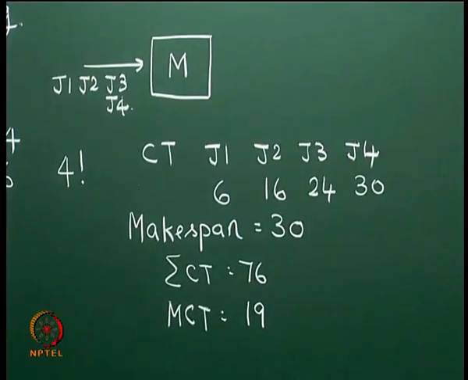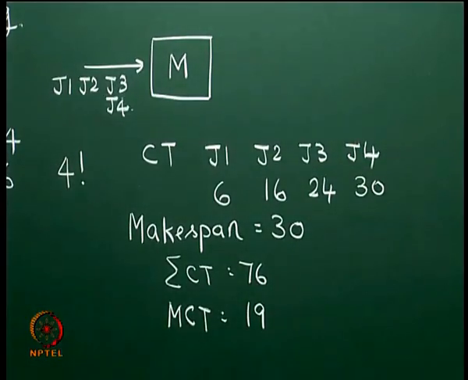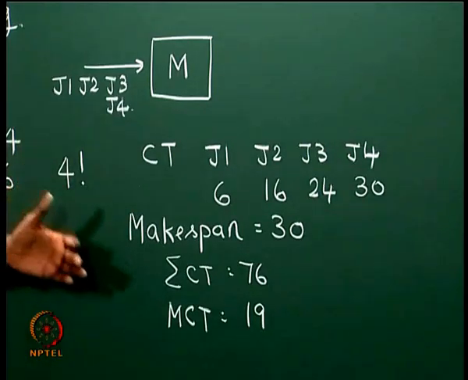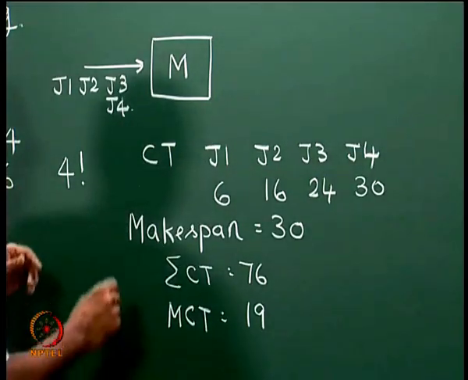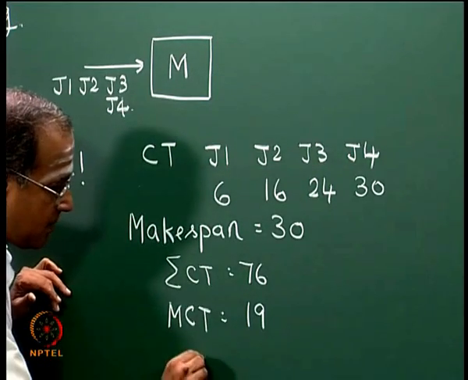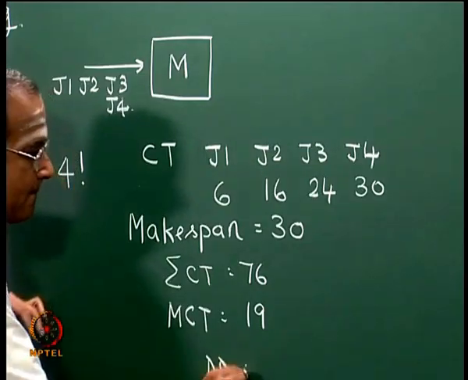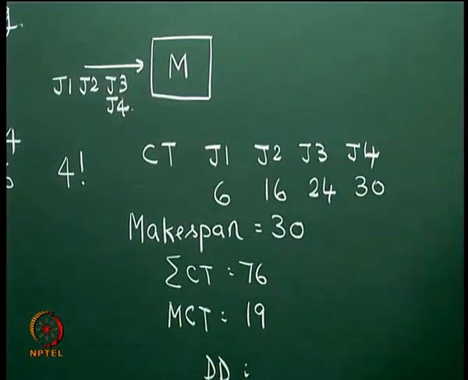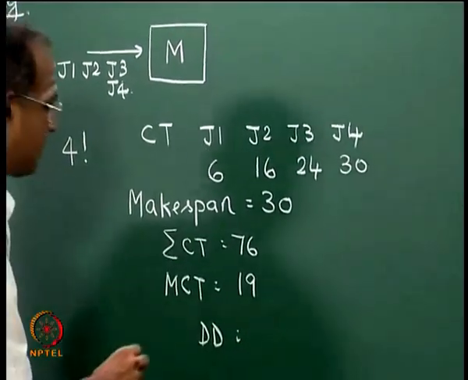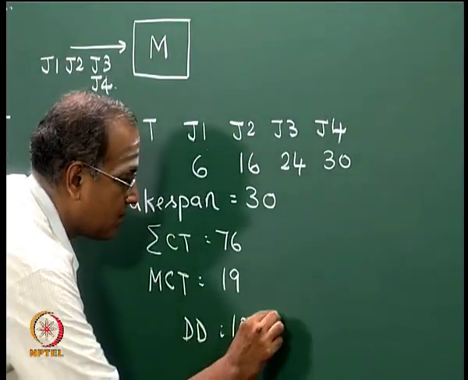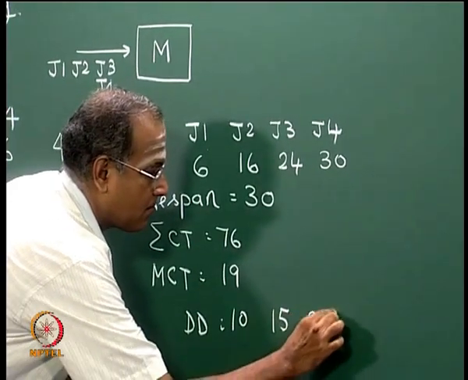So, given a sequence J1, J2, J3, J4, we can now calculate the make span and the mean completion time. Let us assume that the due dates for these 4 jobs are 10, 15, 22 and 30.